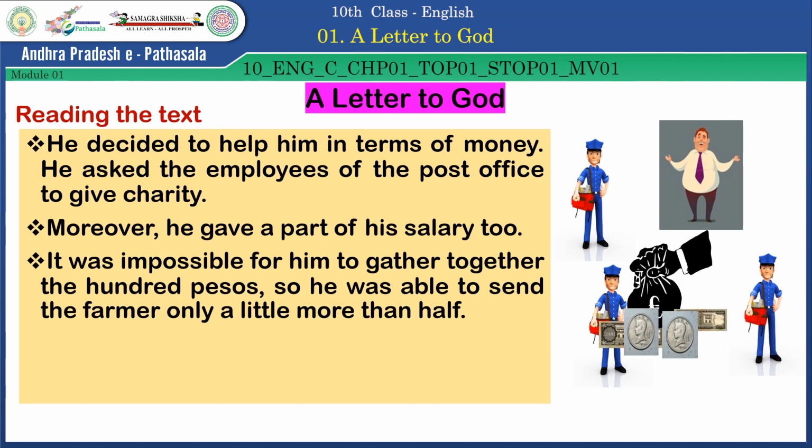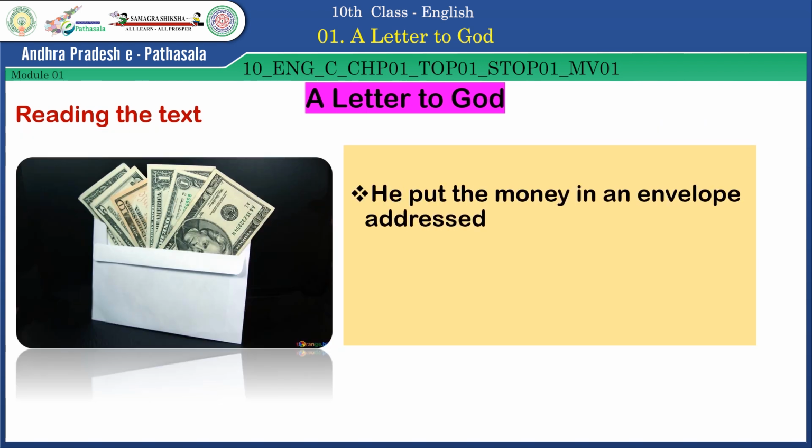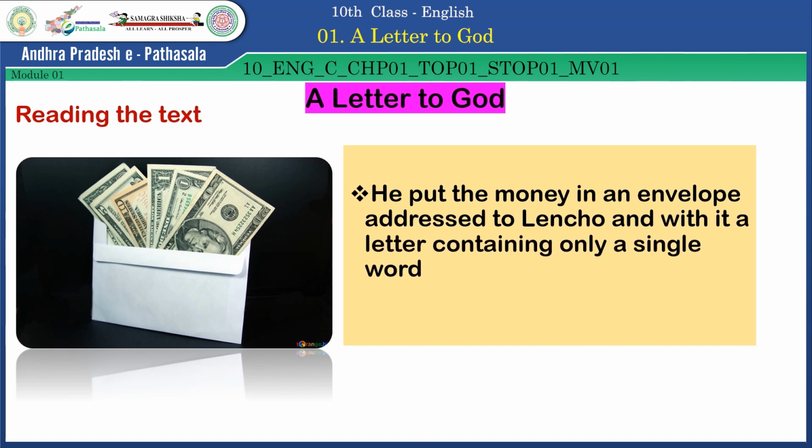So look at the visual. Here, all of them contributed so that they can offer something for the farmer Lencho. He put the money in an envelope, addressed it to Lencho, and with it a letter containing only a single word as a signature: God.